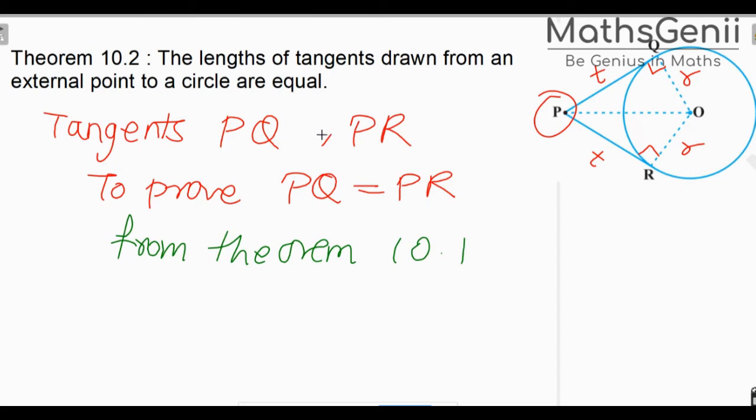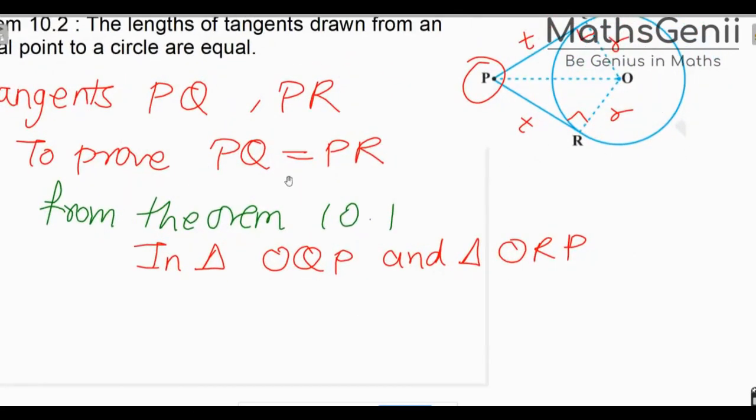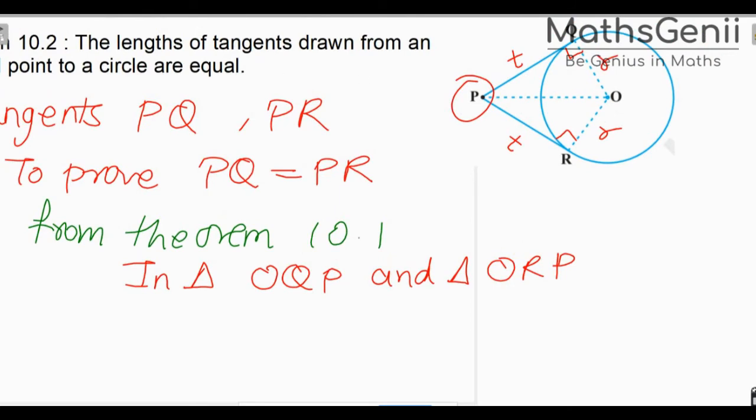Students, consider two triangles. In triangle OQP and triangle ORP, both are radius, same.